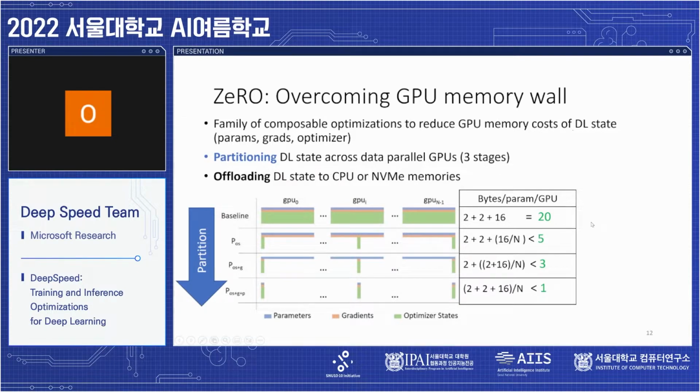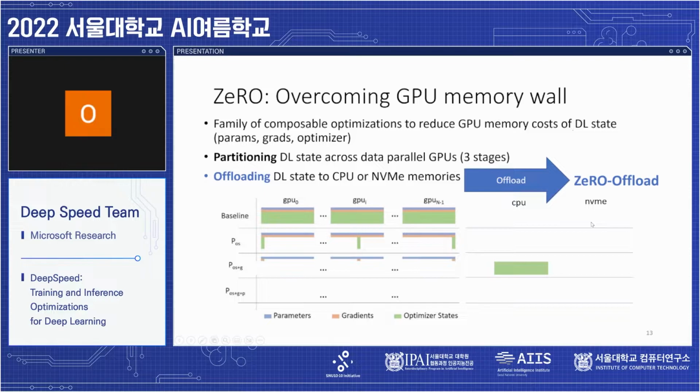Now let's consider the other dimension of ZeRO's optimization, which is the offload. Here ZeRO is able to move the training states to CPU or NVMe. We have a technology called ZeRO-Offload, where we move the optimizer states completely to CPU, which means the GPU memory is no longer consumed with optimizer states.